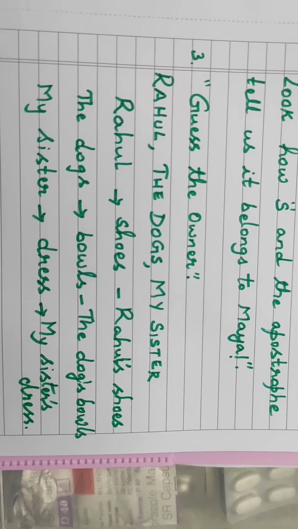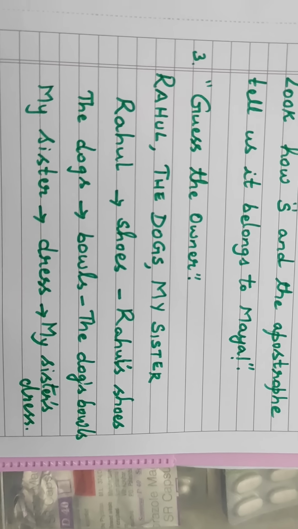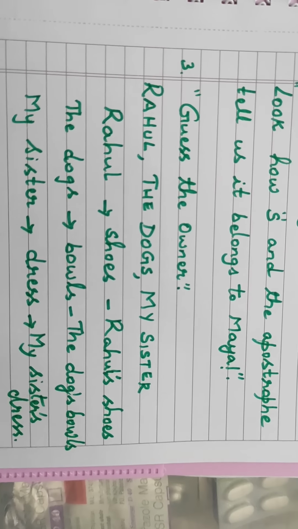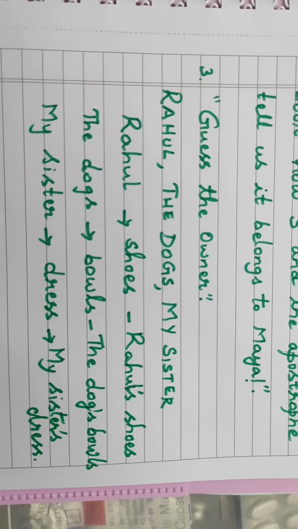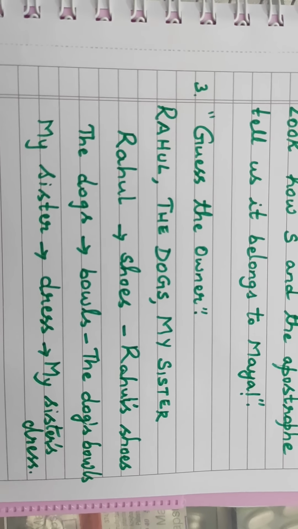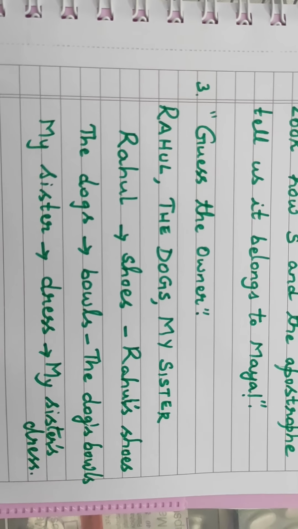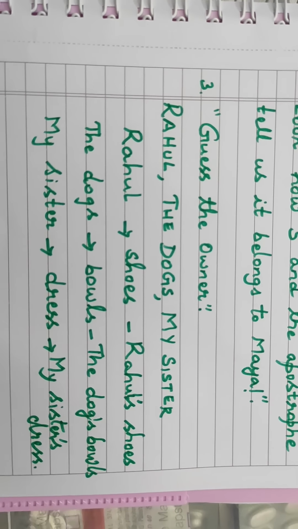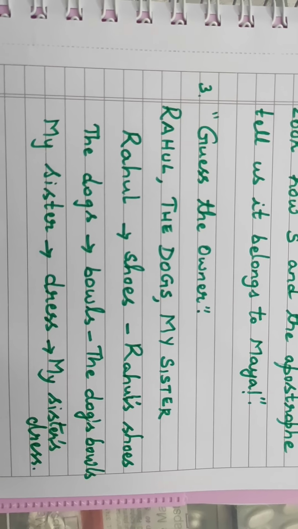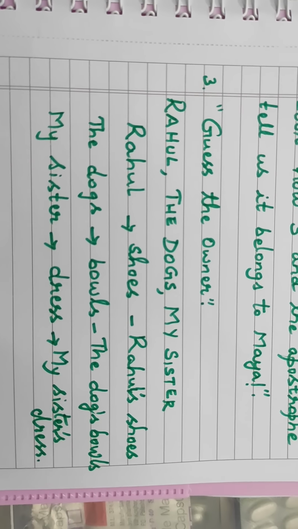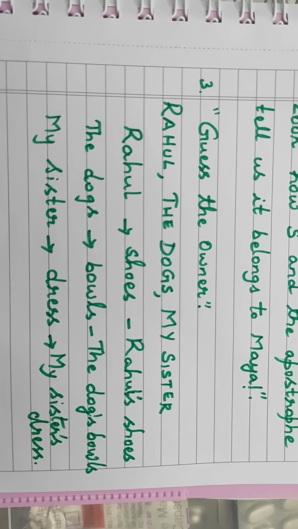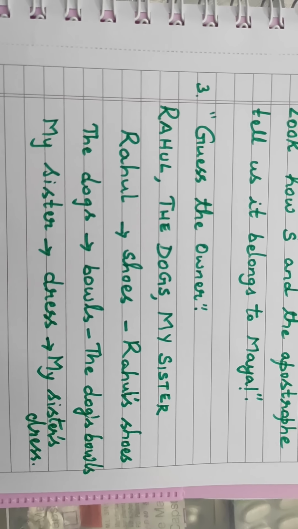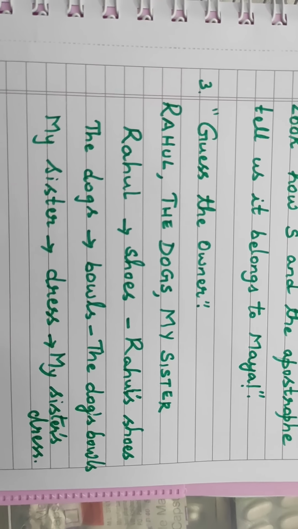In the question it was just my sister dress, so when you want to make it a possessive noun, you will say it is my sister's dress. Sister apostrophe s. Here the owners are all mentioned: Rahul's shoes, the dog's bowls, my sister's dress.